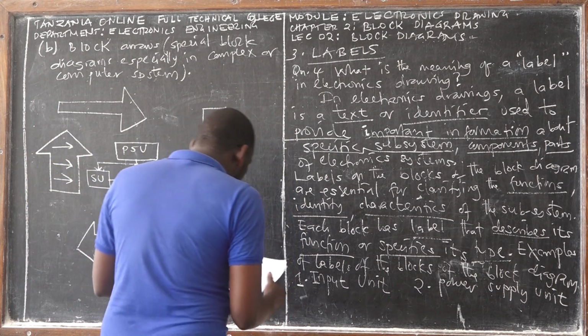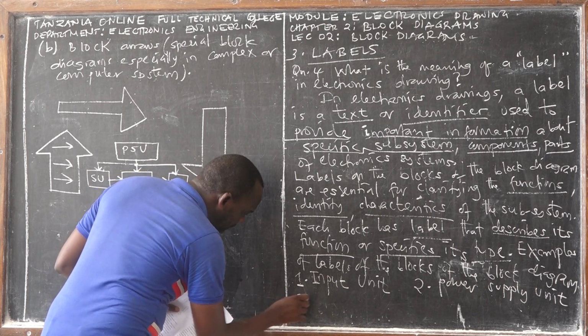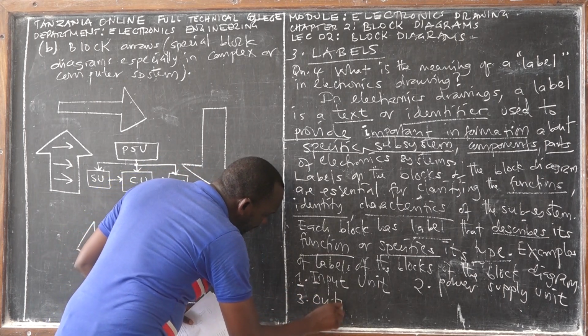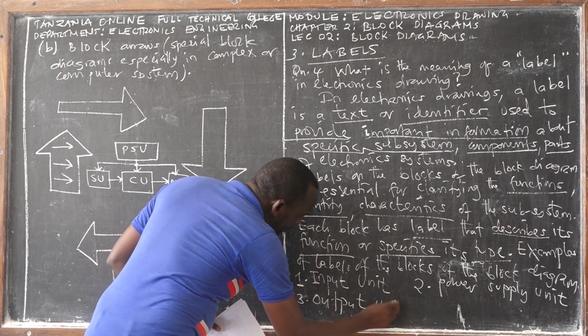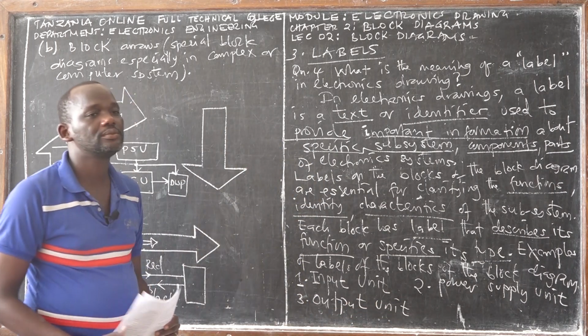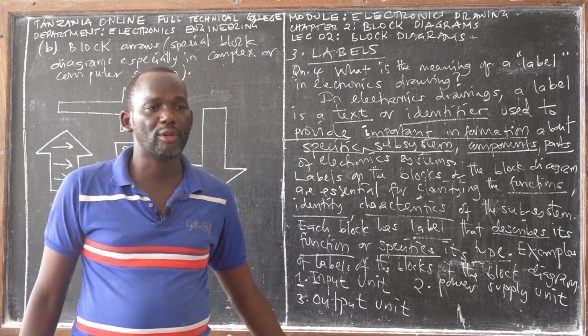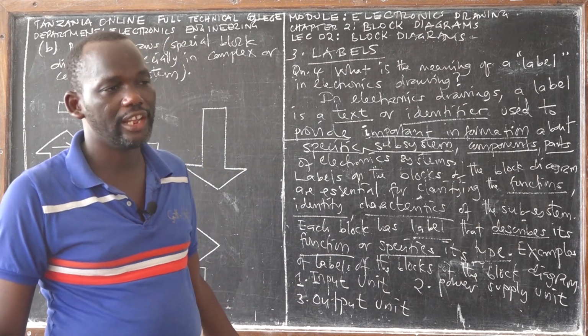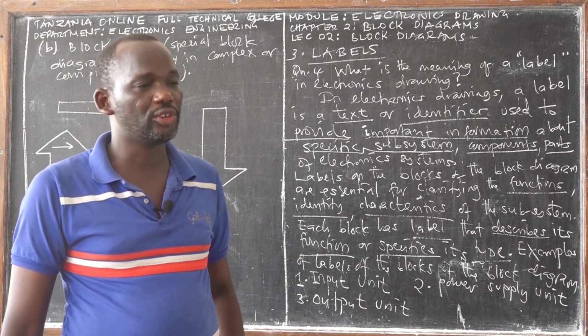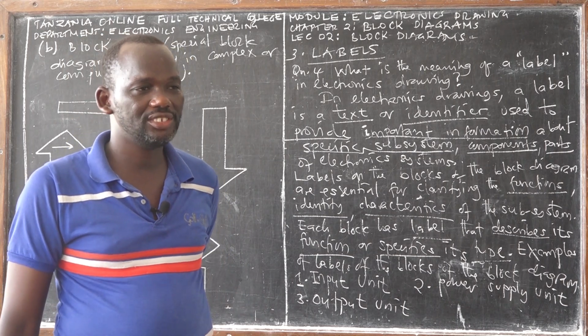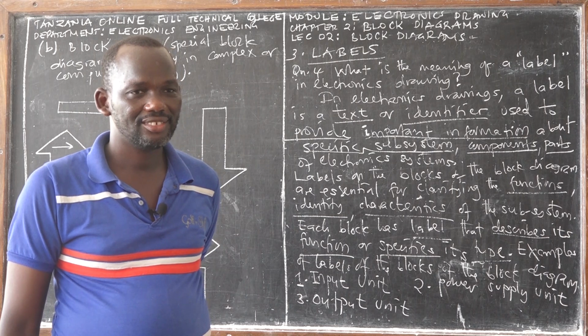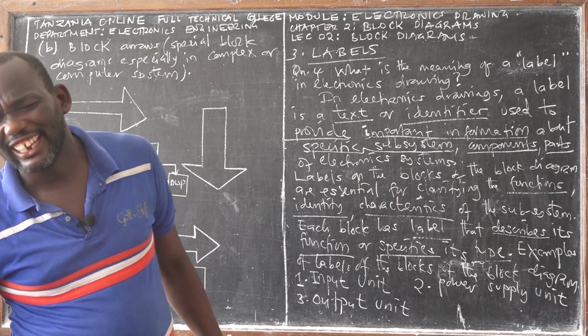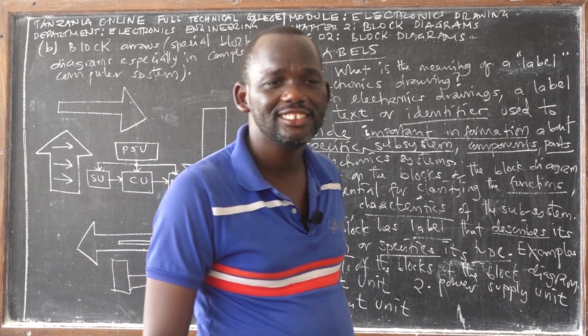Okay, another example is called the output unit. Say output unit. So what information do you get from that block or from that label? When you see the block has been called the output unit. It's an application.